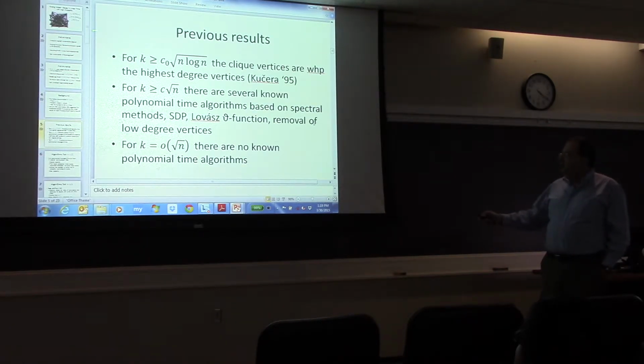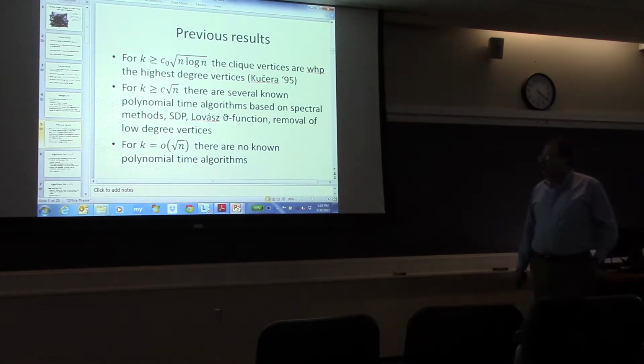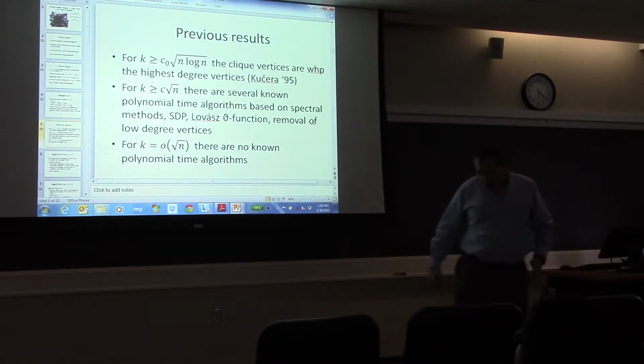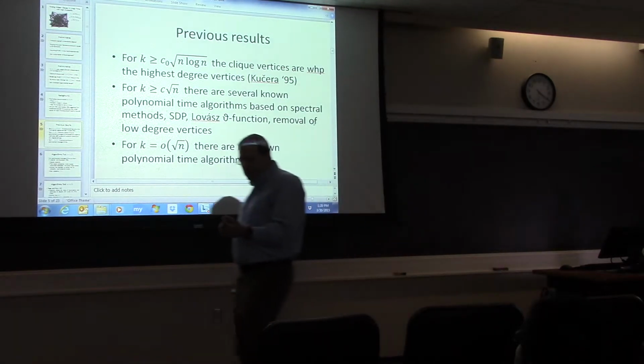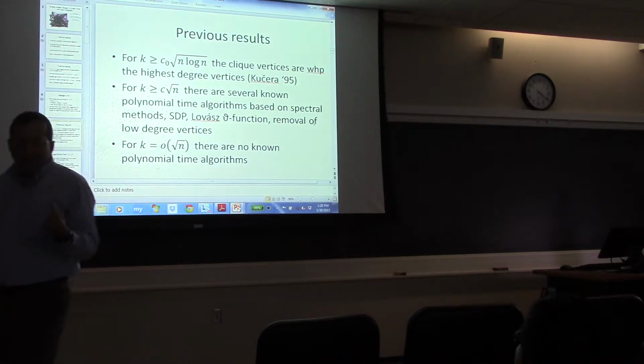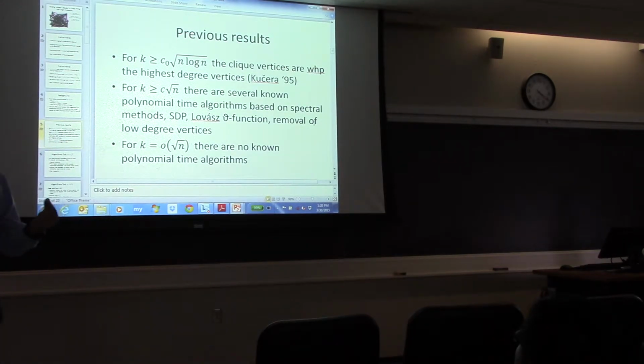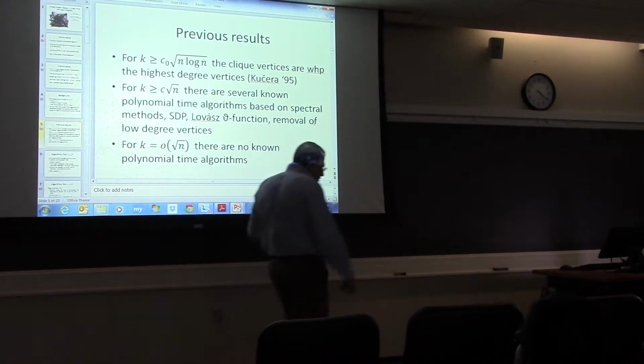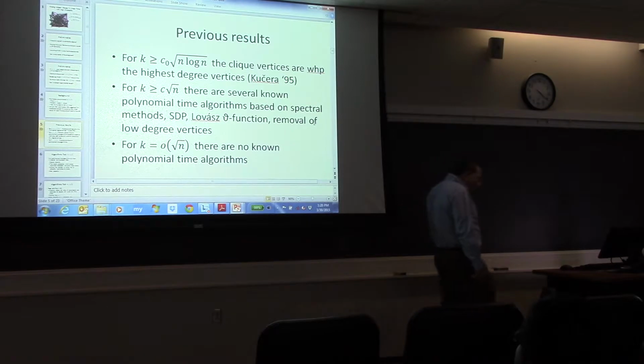Okay, so now if k is bigger than root n log n, then life is very easy. You can just take the vertices of highest degree, and these form the clique, because the degree of every vertex is binomial(n, 1/2), so approximately Gaussian with a mean of n over 2 and variance also of order n.